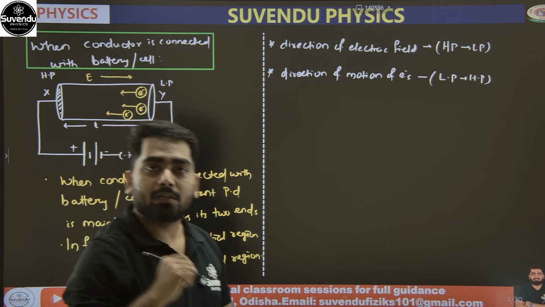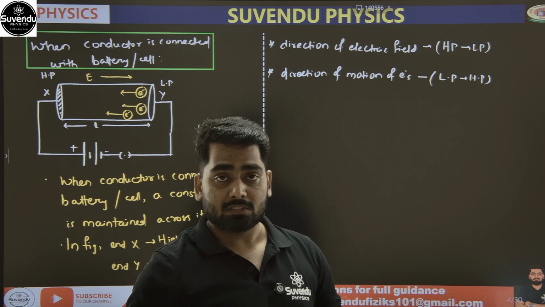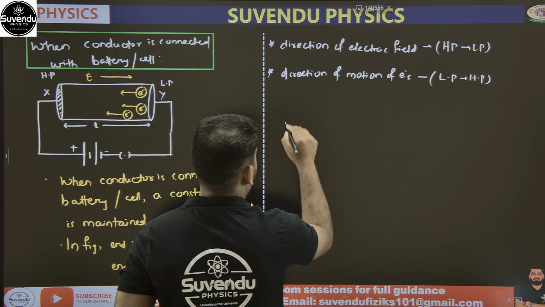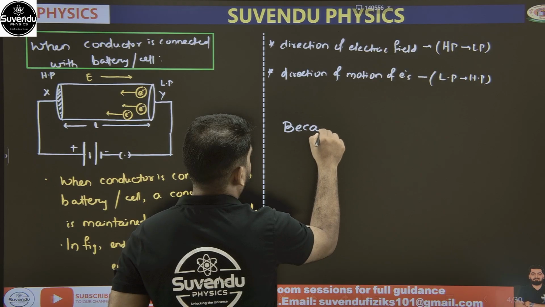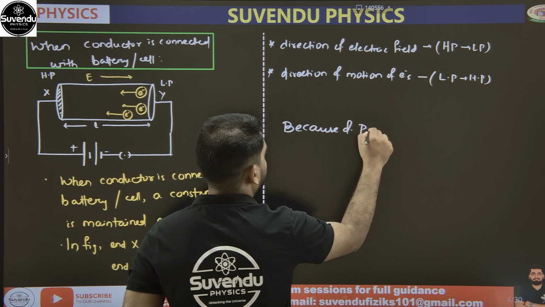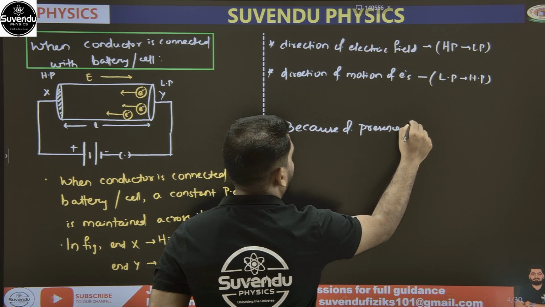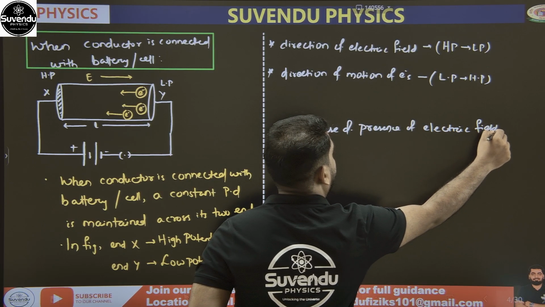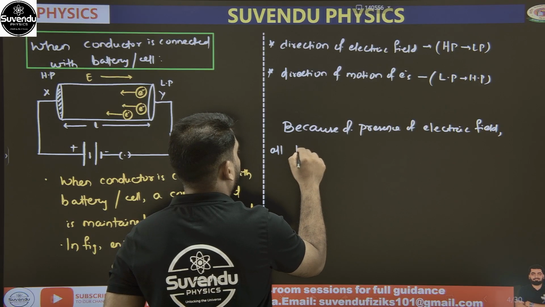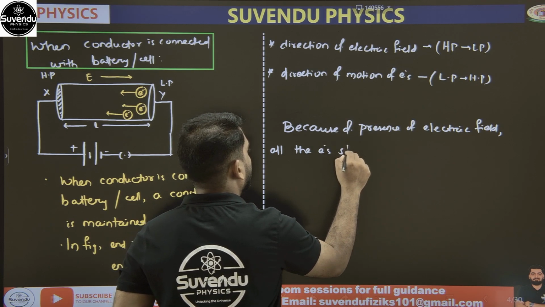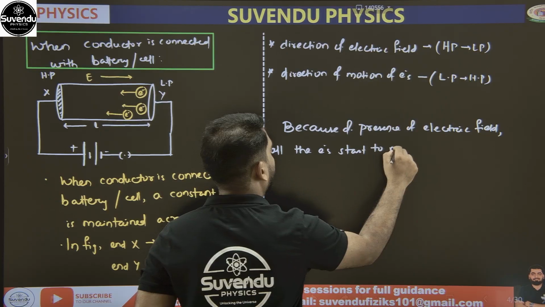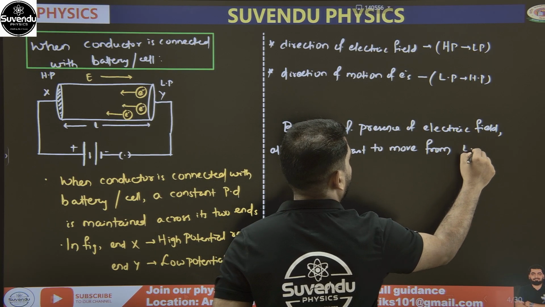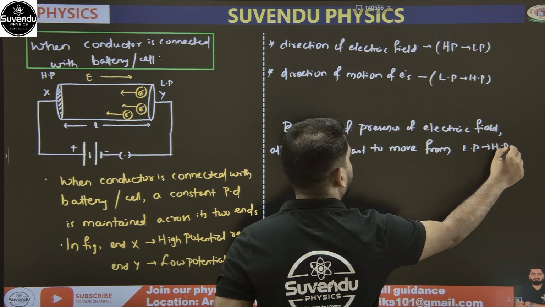Because of the presence of electric field, electrons experience a force and they start to move from lower potential to higher potential. So here we have to write: because of presence of electric field, all the electrons start to move from lower potential to higher potential.